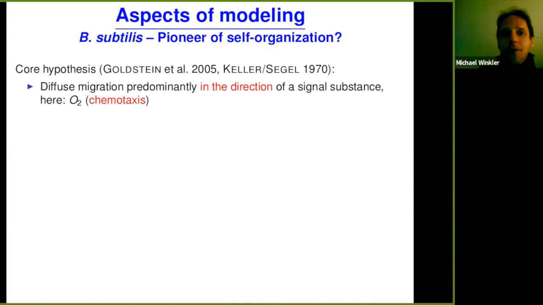If you browse the modeling literature, there is a lot of information and a lot of attempts to describe. If you go back to Keller and Siegel, you will also find, maybe not in the main line of the works they did, but in some side event, modeling on such things in a quite general framework of chemotaxis processes.